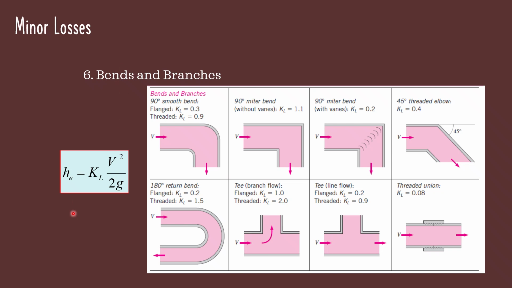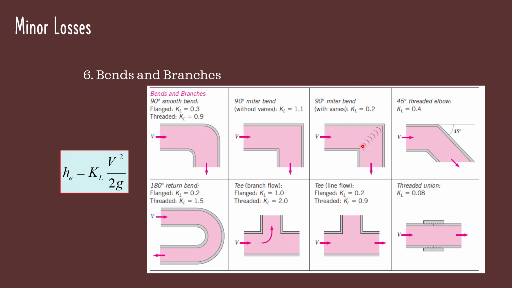And number 6, the cause of the minor losses is bends and branches. You can see the value of KL. It is 1.1 and it is 0.2.